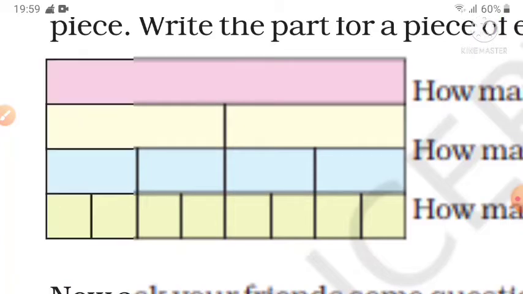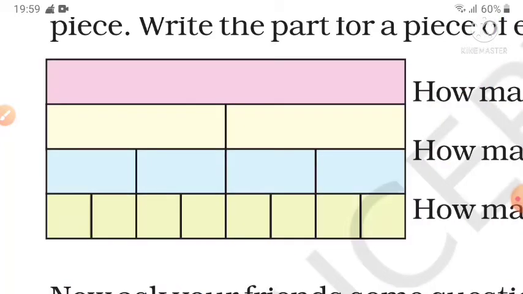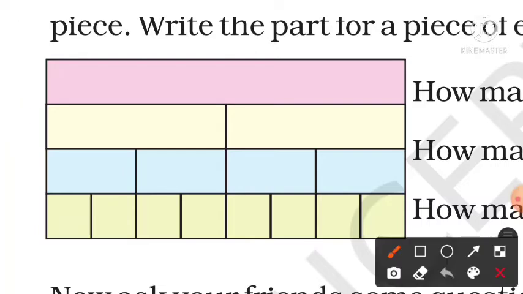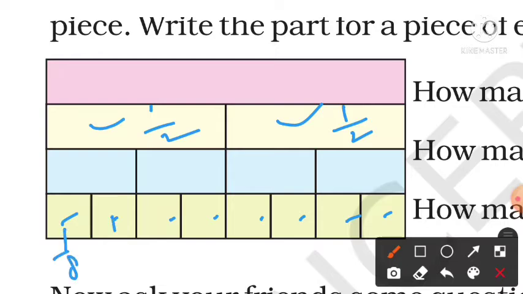We have to find out the strip that is colored in green. So here there are 2 parts, so each will be half, and here the total number of parts is 8, so each will be 1/8. Okay, each will be 1/8.